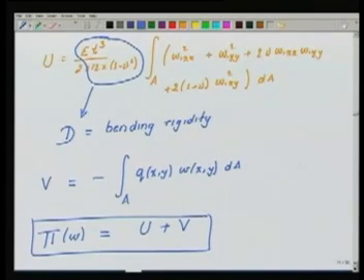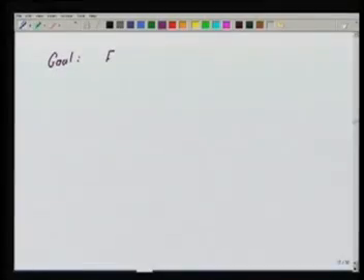Okay, and the solution to the problem, so the goal is to find w which minimizes pi.